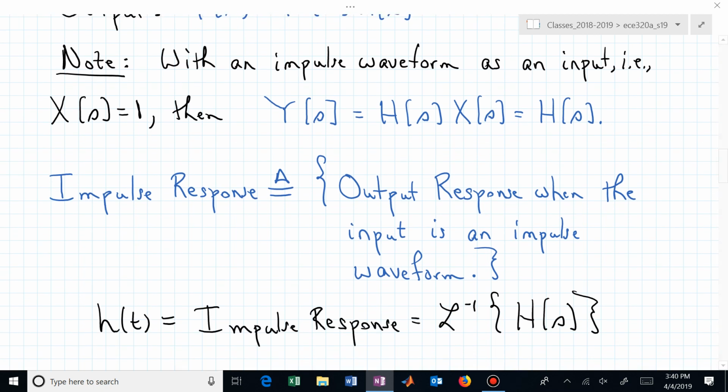And that's what I'm trying to get us comfortable with now. Little h of t in the time domain, that's the impulse response. And what does that look like? If you apply an impulse waveform to a system, that energizes your energy storage elements, your inductors and capacitors in this class, in certain ways, depending on how those inductors and capacitors are interconnected.